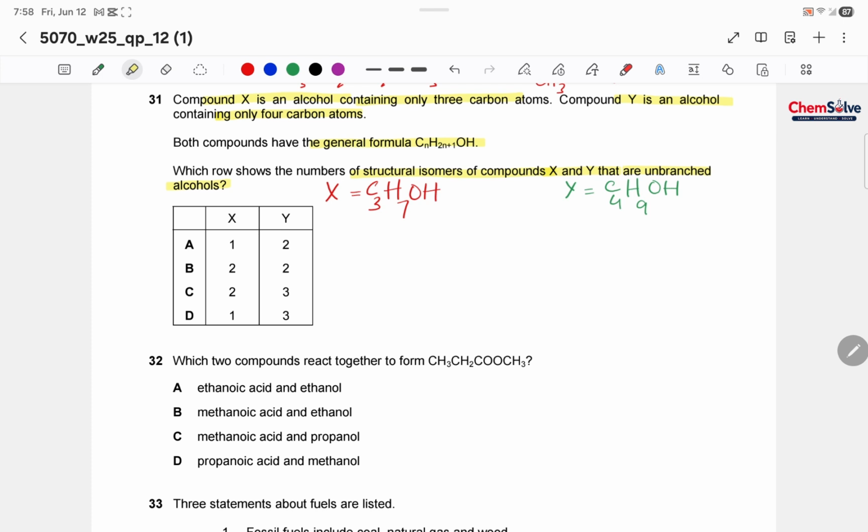So we have to find out the isomers, the structural isomers of X and Y, and then we have to eliminate the one which are branched.